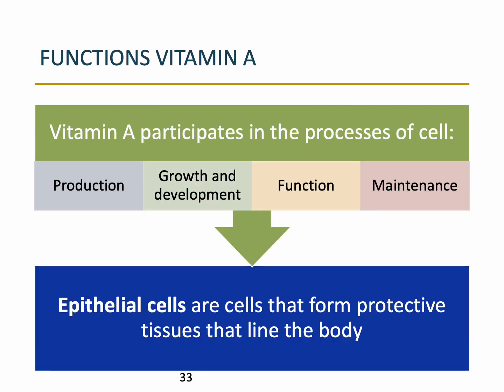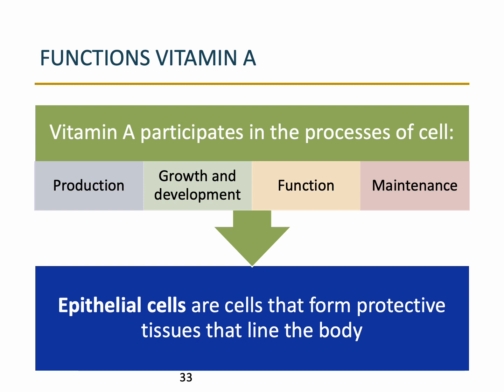Vitamin A is crucial for the development and functioning of all cells in the body, but in particular, the production and maintenance of epithelial cells, the cells that form the protective tissues that line the body.